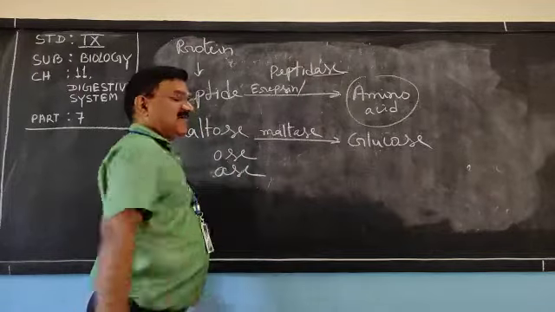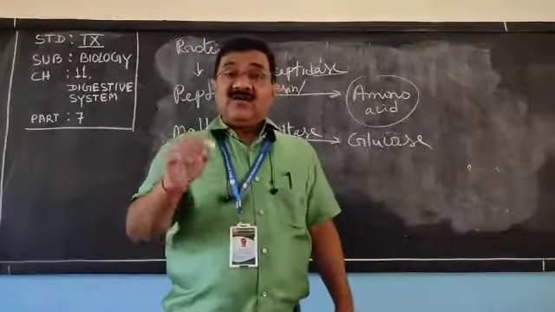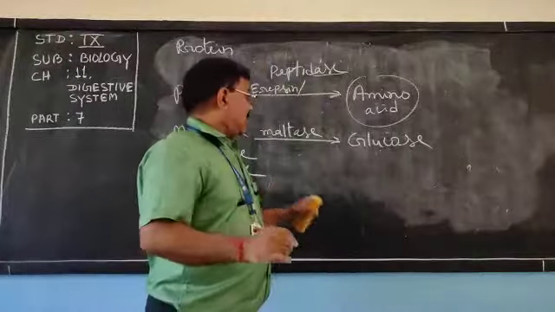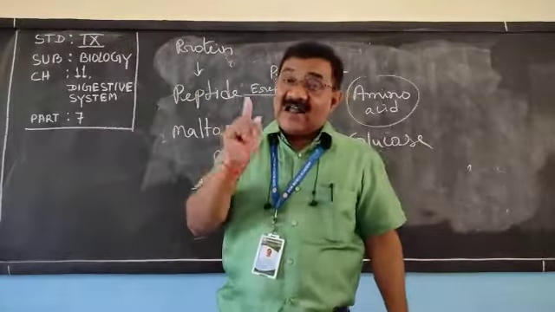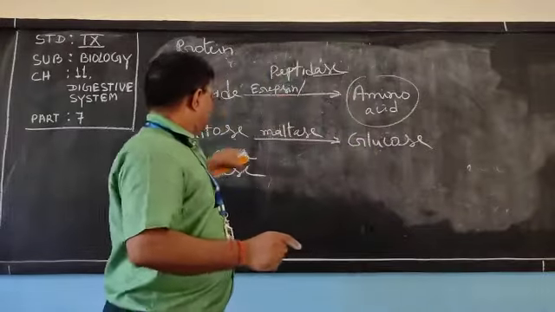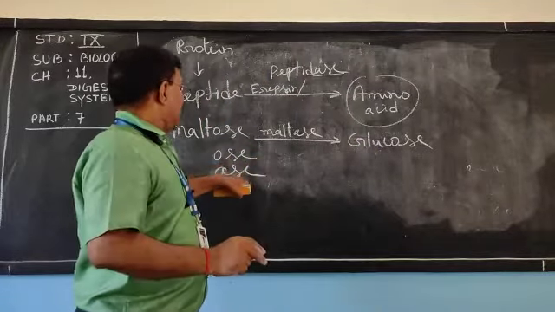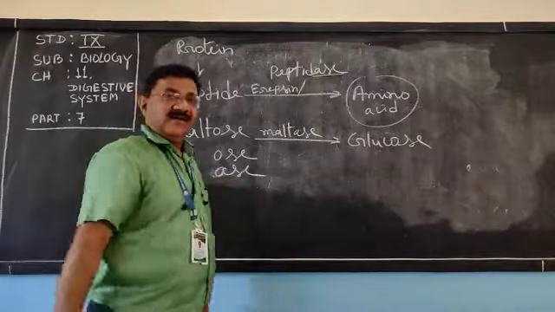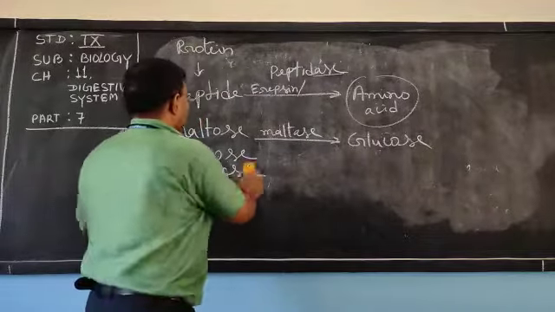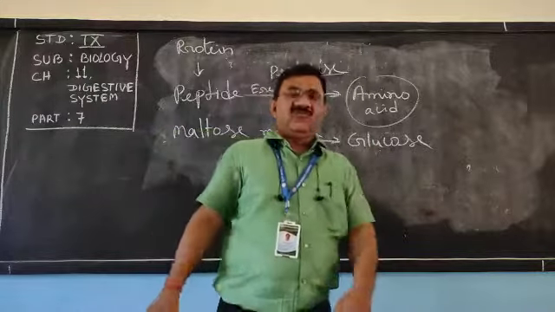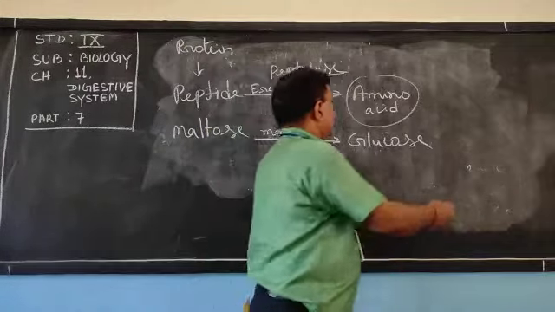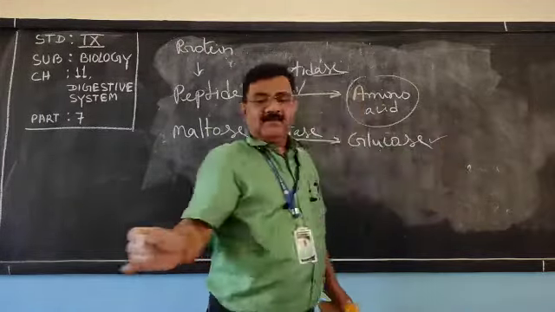So we teachers in biology are wrong. See, maltose is a different thing and maltase is a different thing. So maltose by the help of maltase enzyme is changed to glucose and glucose is absorbed by the body.